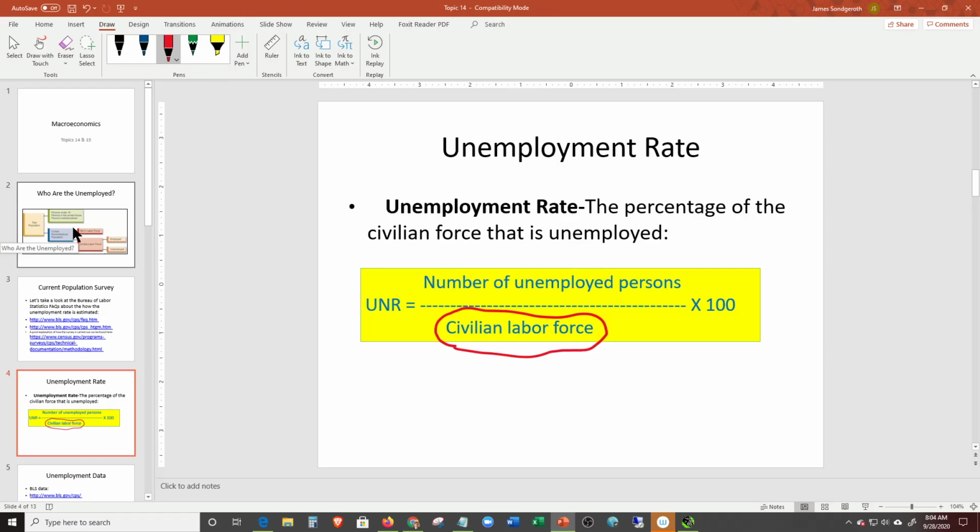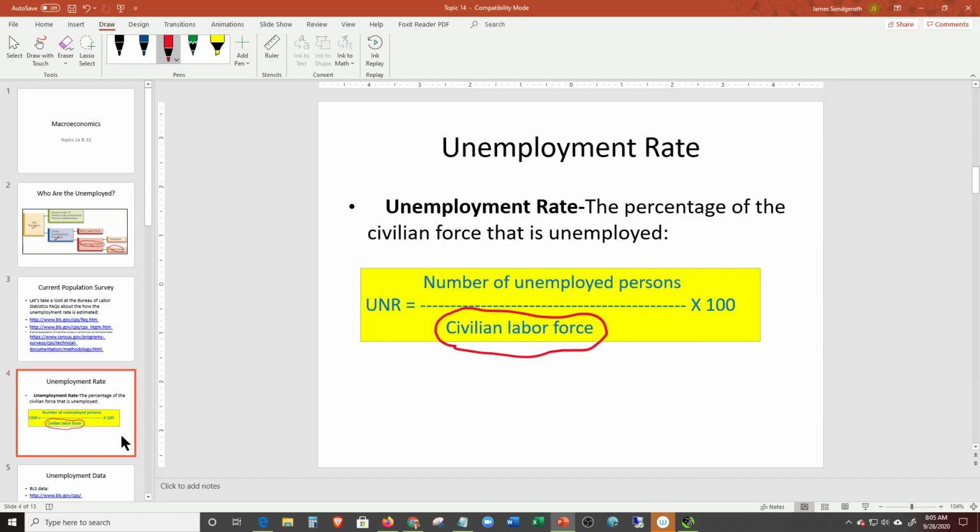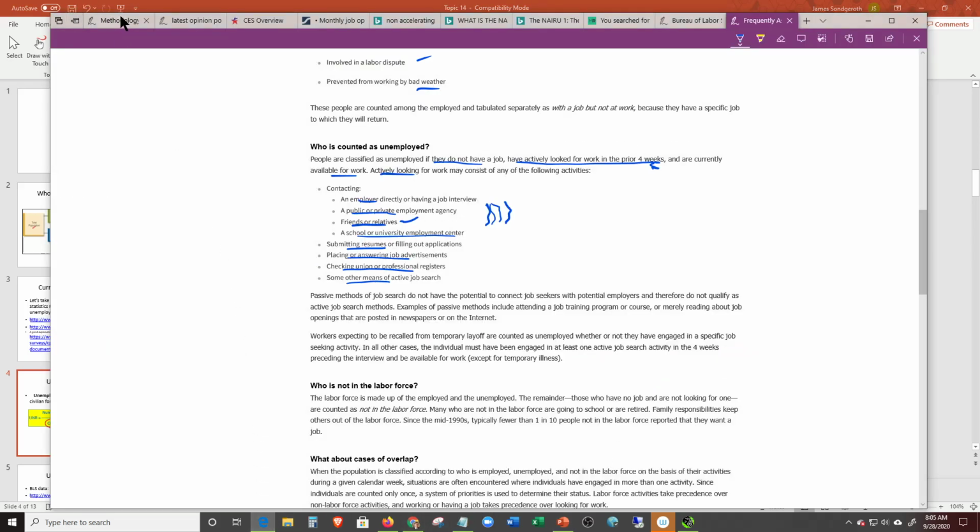So if we go up here to take a look at this, many people think it might be a percentage of the total population, or the civilian non-institutional population. But no, the unemployment rate is the number of unemployed divided by the civilian labor force, okay? And we saw that was what, 8.4%, something in that nature.